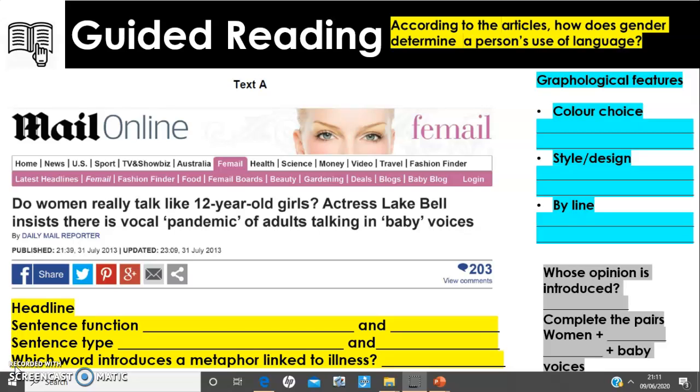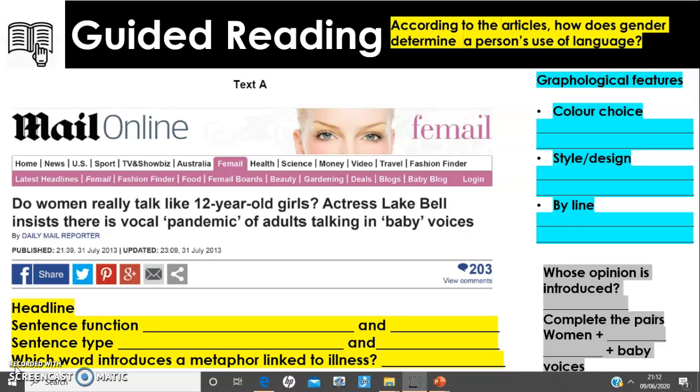Now, this means that the opinion within this article is never really led by a strong opinionated voice. Okay, it's much more the ethos, the ideology of the whole publication. So this one Daily Mail reporter is going to be representative of the whole Mail online ethos and ideology and belief system. Okay, but we'll come back to that later.